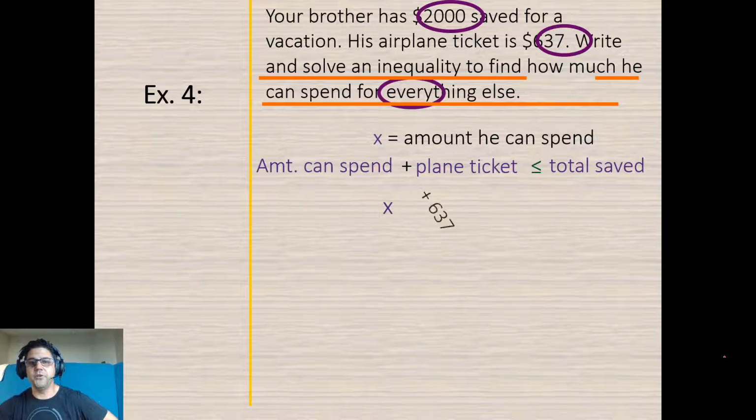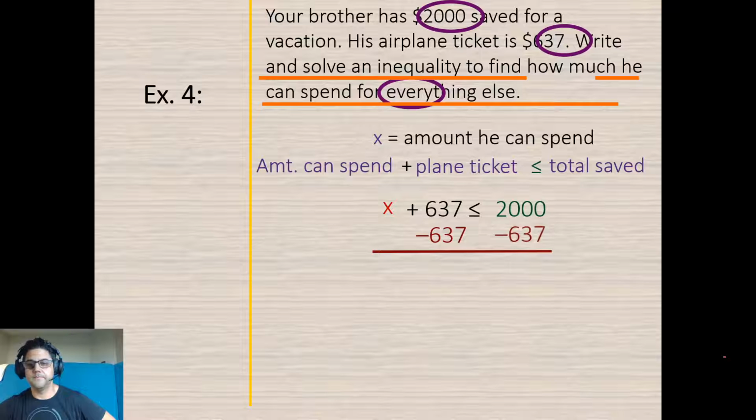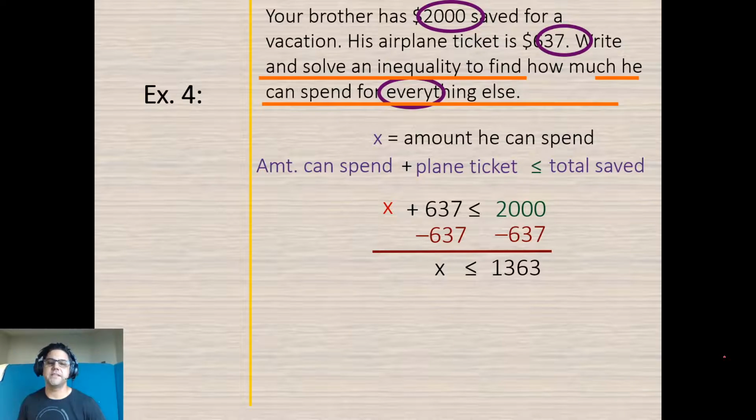So our unknown plus 637 is less than or equal to 2,000. So we have a basic subtraction problem. And if you're really careful, it comes out to less than or equal to $1,363.